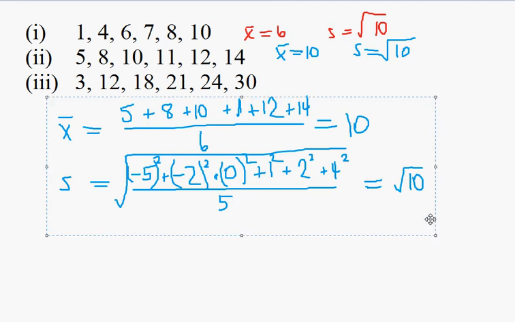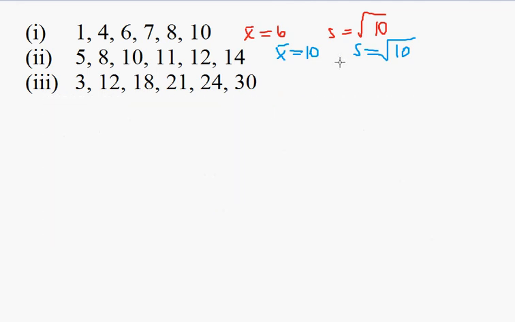Okay, lastly, let's take a look at the third data set. Let me do this one in orange. So x bar this time will be equal to the average of these 6 numbers, 3 plus 12 plus 18 plus 21 plus 24 plus 30, all over 6.